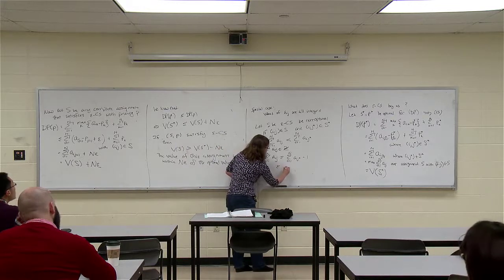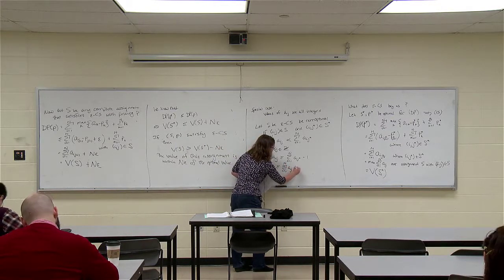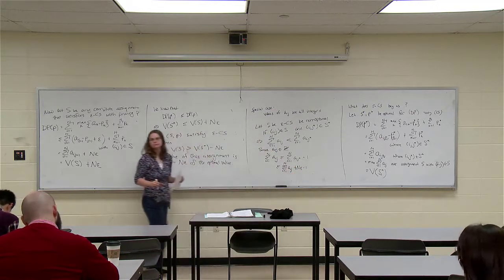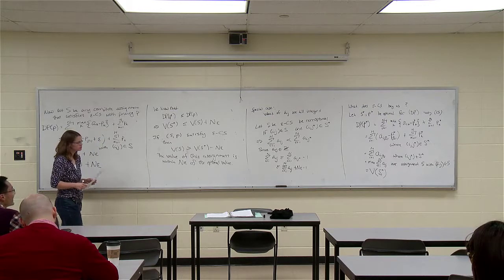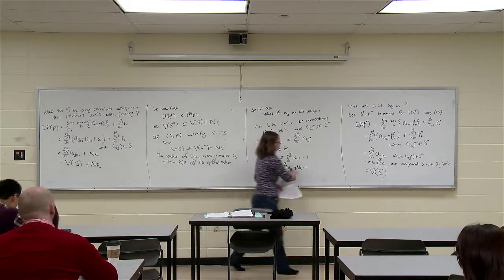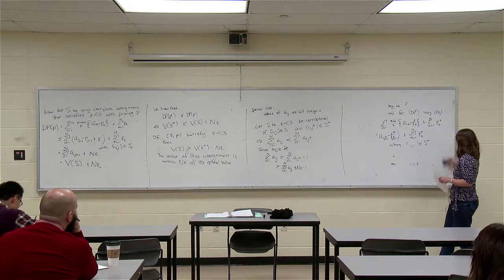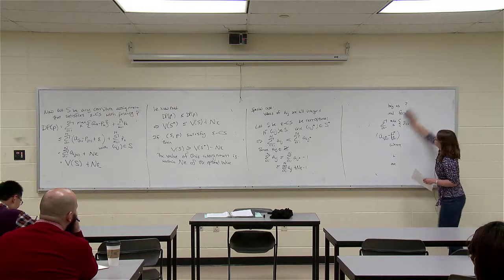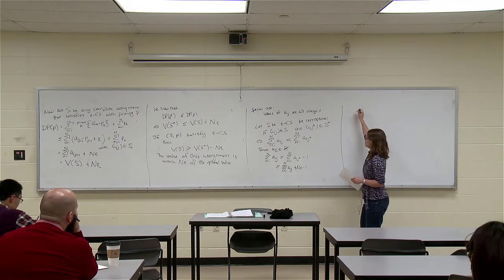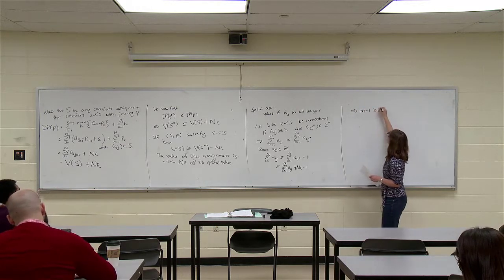So this is less than or equal to the sum of the non-optimal things plus n epsilon, and then minus this 1. Which tells us that n epsilon minus 1 must be non-negative.